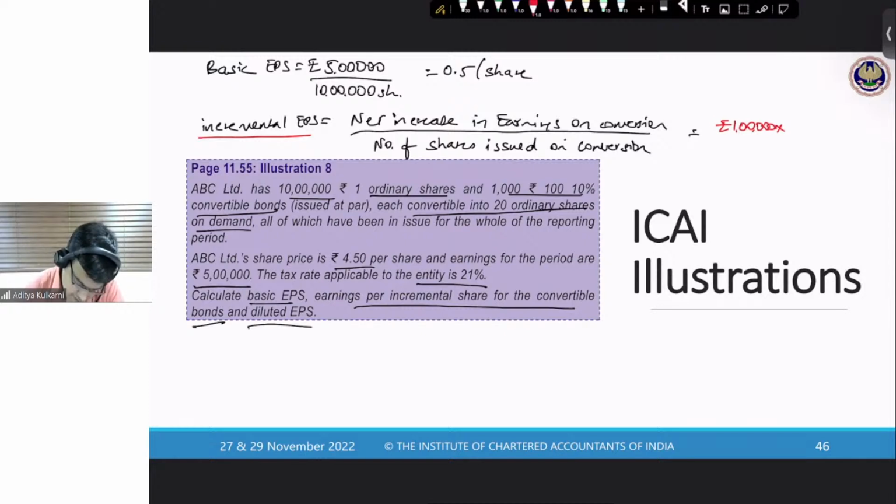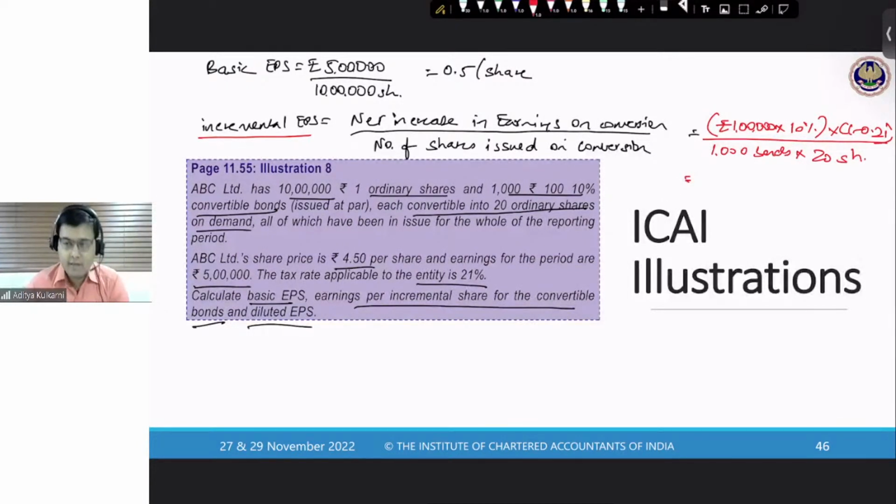into 10%. This is the interest cost saved, into 1 minus tax rate, divided by number of shares issued on conversion. How many shares would be issued? Each convertible into 20 ordinary shares. So 1000 bonds into 20 shares.